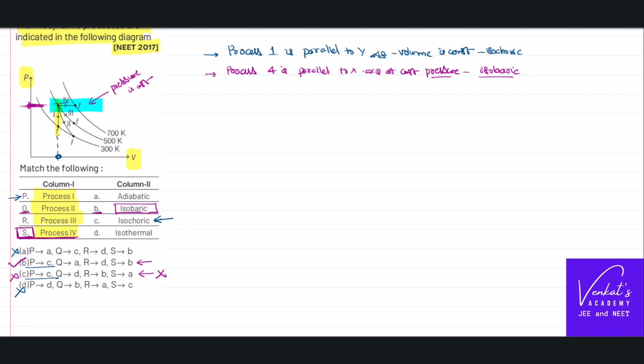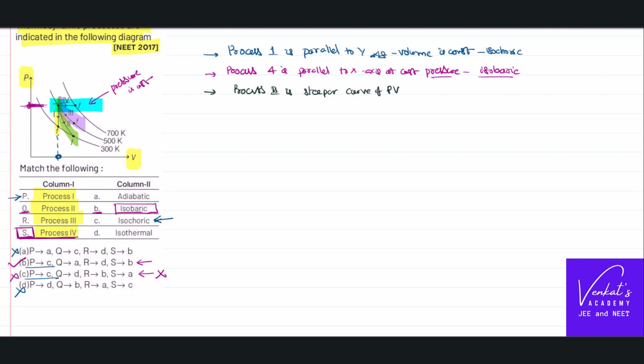Look at process 2 and process 3. See, this is process 3 and this is process 2. Both in process 3 and 2, what you can notice is process 2 is a steeper curve of PV.